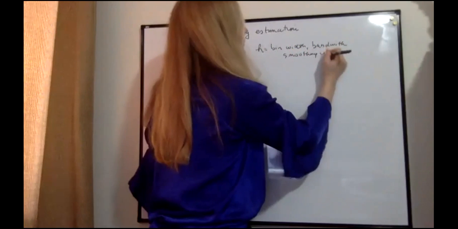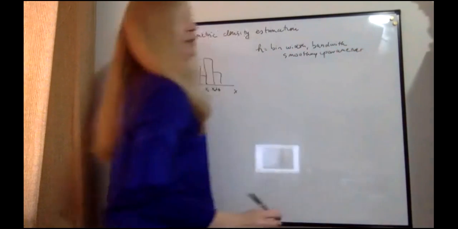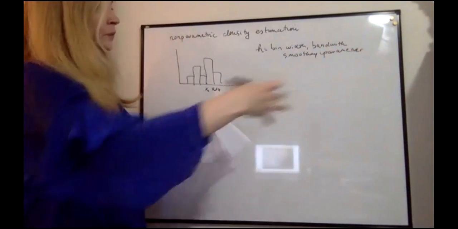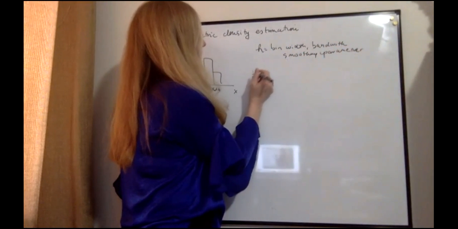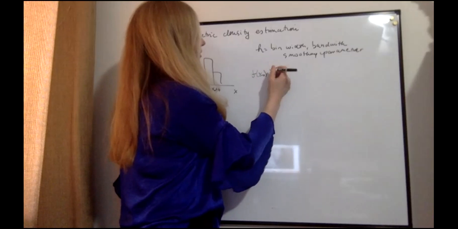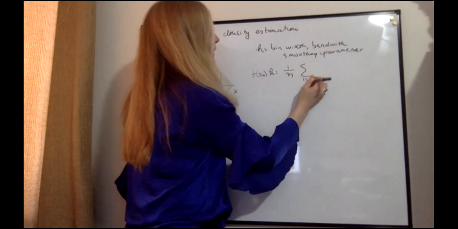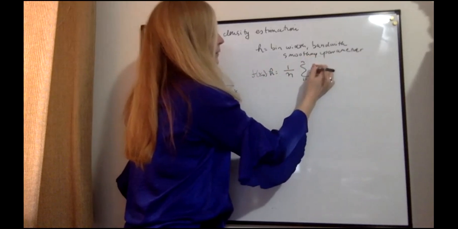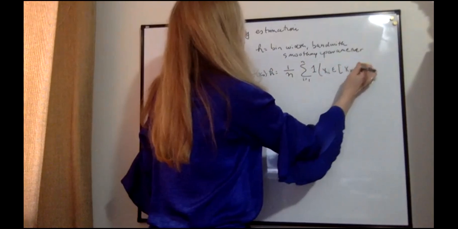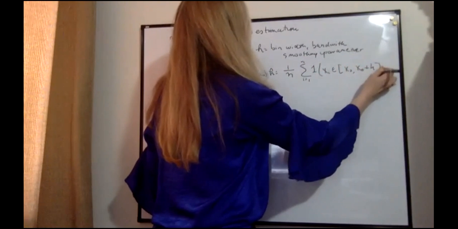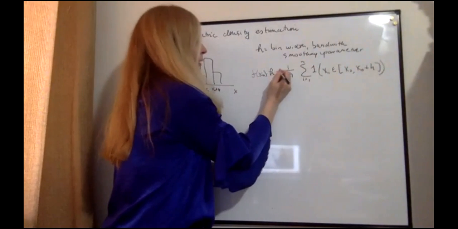Because actually you can control the smoothness of the histogram by how big the h is. Okay, and so the density times h would be approximately equal to the fraction of the data that lie within the bin.